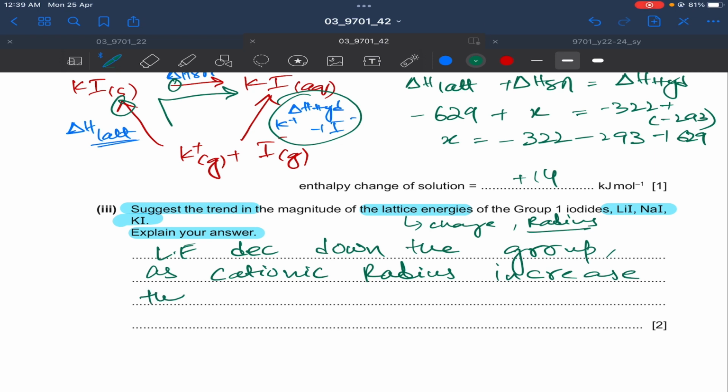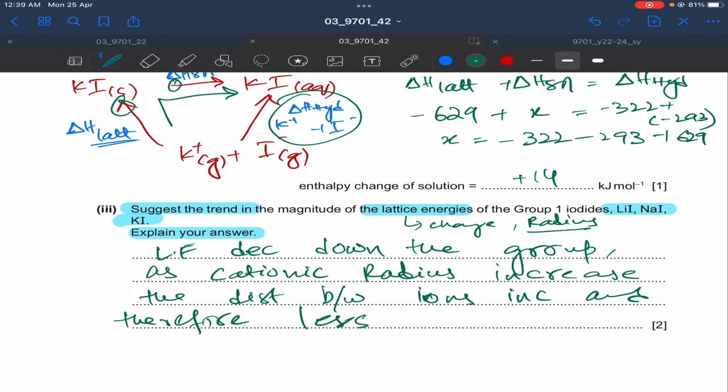The distance between ions increases, and therefore there is less attraction between ions, right?